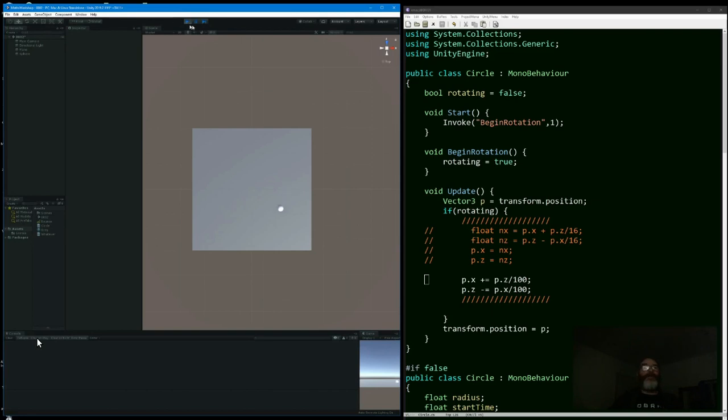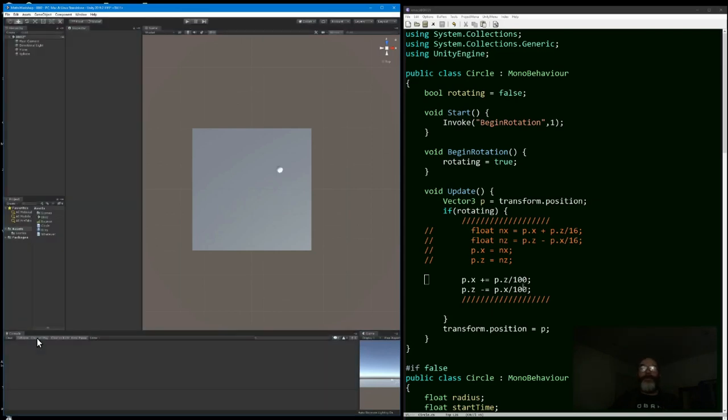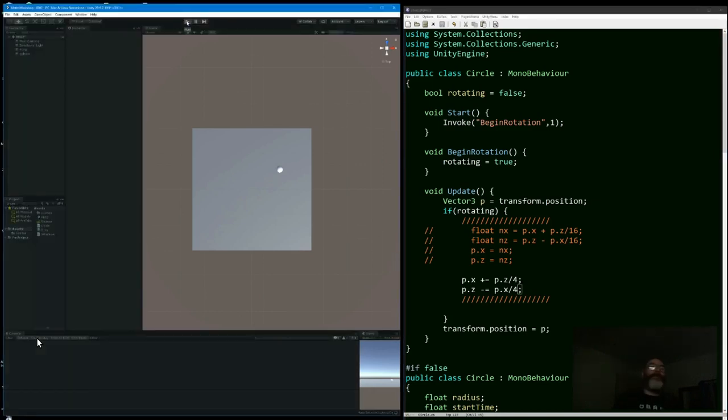And I can show you that if I go and really... We had the 8. Let's go to 4. It's not going to be so circular, but it will be stable. Look how beautiful that is.